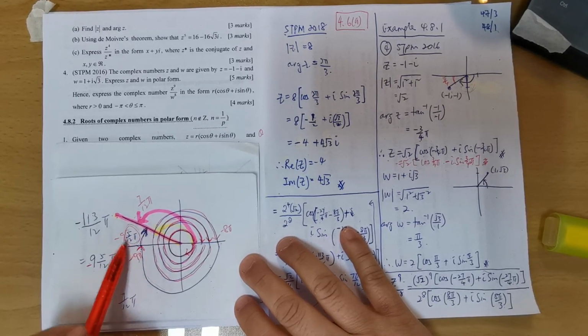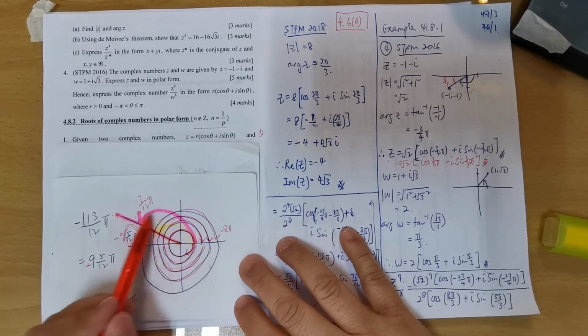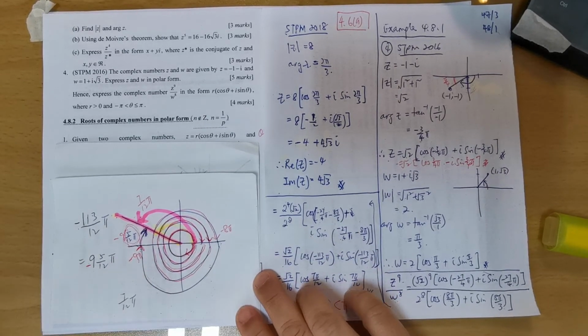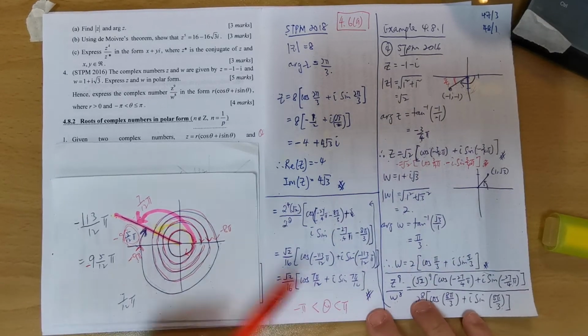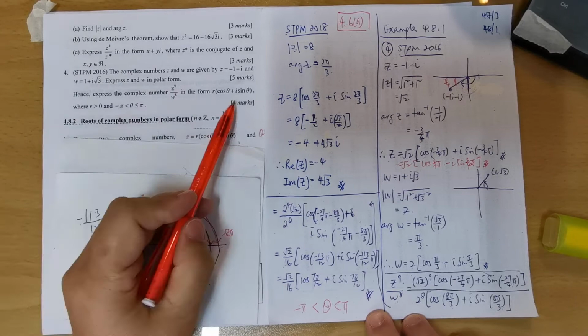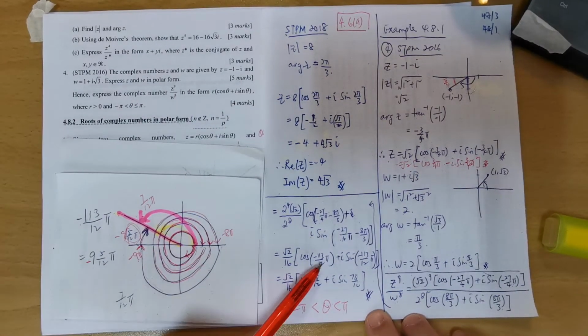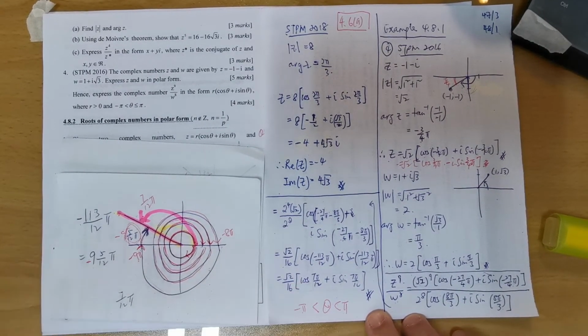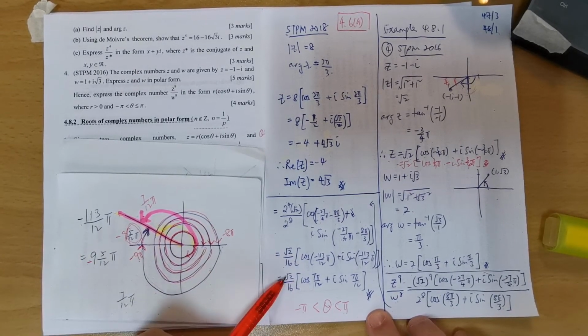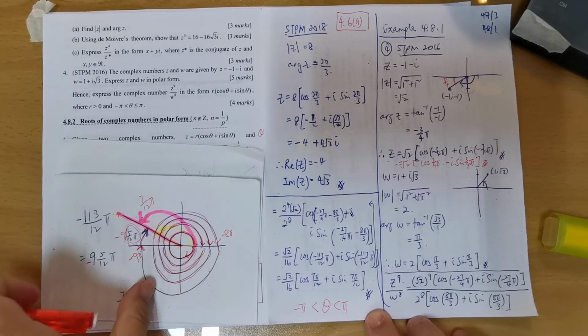So if this is 5 over 12, then this is 7 over 12 pi. This is how we get this new argument. So this is the answer, from here until here, 4 marks. This is the complicated part, how to get this. This one you can leave it here, because the surd in the numerator is okay.